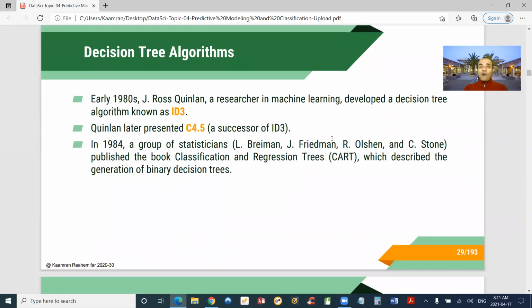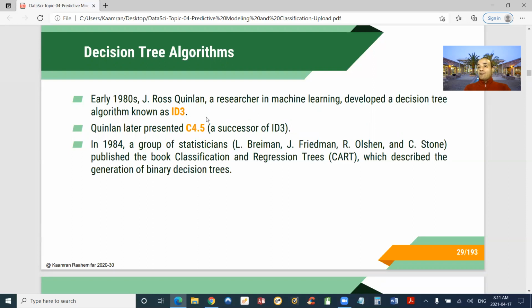Although the decision tree has been with humanity for so long, maybe as long as humans have existed on the planet, it was formalized in 1980, almost 40 years ago, or a little before that. In terms of equations and formalizing the process, it is really new.